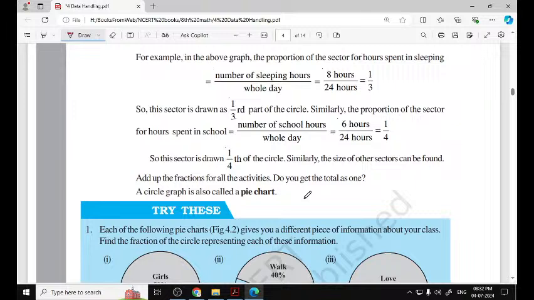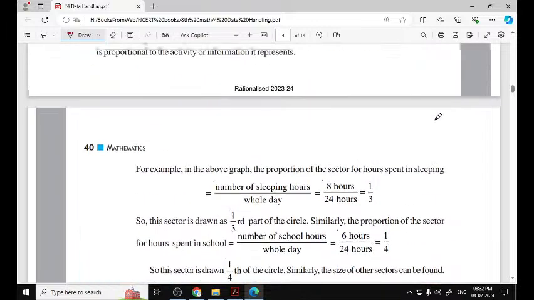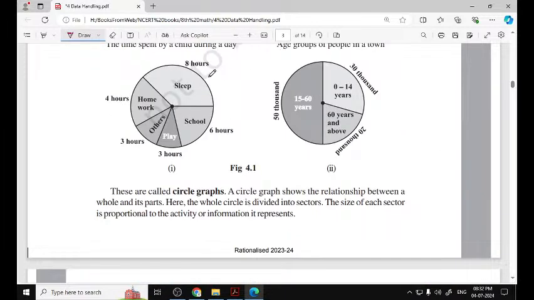For example, in the above graph, the proportion of sectors for hours spent in sleeping is 8 upon 24. So it is 1/3. 4 upon 24, that is 1/6. This is 1/8 because it is 3 upon 24.